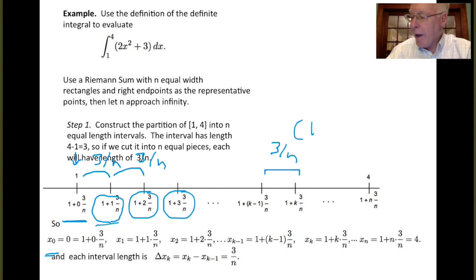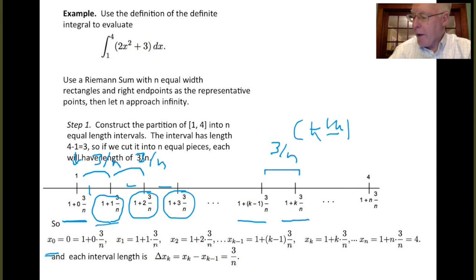And if this is the kth interval, then just looking at the pattern here, first interval, second interval, third interval, I figure the right endpoint down here must be 1 plus k times 3 over n. That's because the 1 plus 3 times 3 over n is the right endpoint of the third interval, etc. So I'm just taking that pattern. And so the one before it must have been 1 plus k minus 1 times 3 over n.